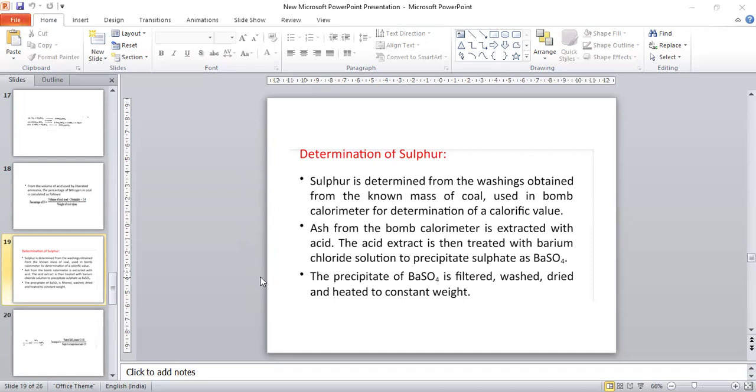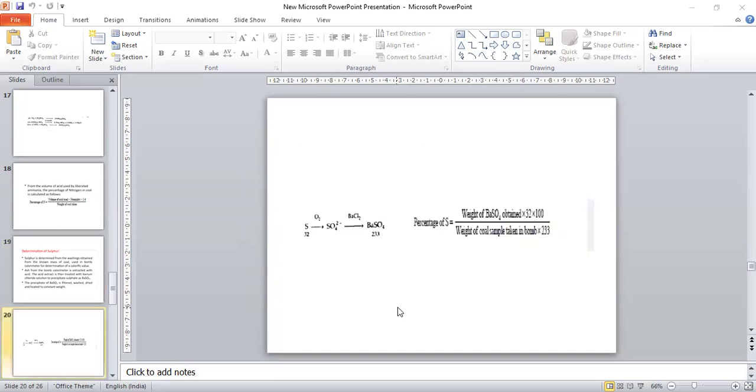The acid extract is then treated with barium chloride solution to precipitate sulfate as barium sulfate. The precipitate of barium sulfate is filtered, washed, dried and heated to constant weight. Here sulfur is treated with oxygen in the bomb calorimeter, producing sulfur oxide, which is treated with barium chloride, producing barium sulfate.